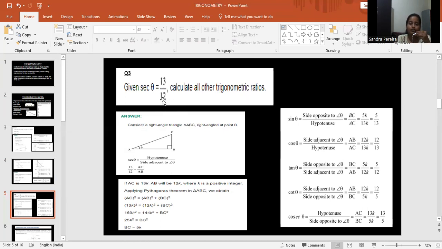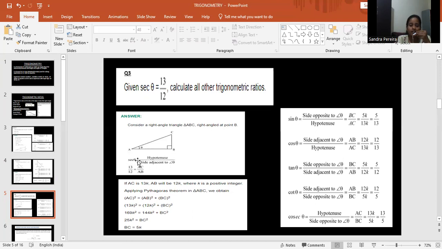So we don't know the actual value of our base or hypotenuse. See here, this is the right angle triangle. Whenever we are using trigonometric ratios, we consider a right angle triangle. Here, right angle triangle ABC, we took one of the angles as theta, and one angle is 90 degrees.